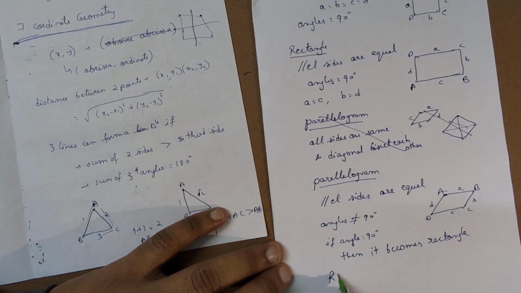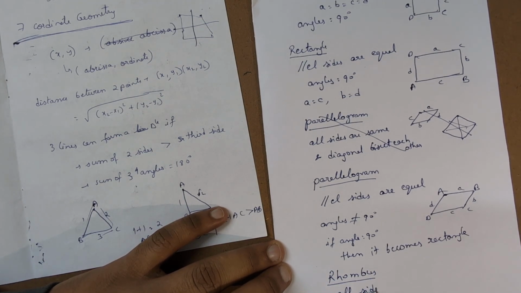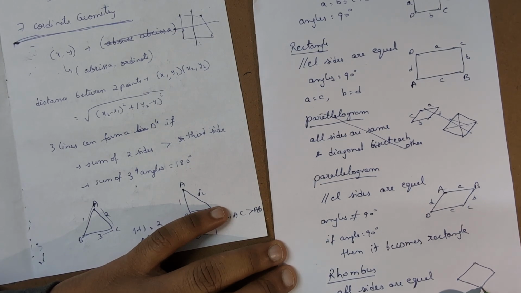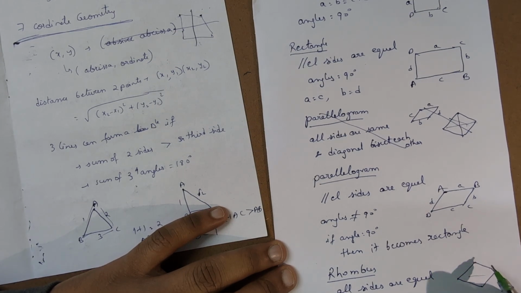Similarly, we have the other one which is called a rhombus. For a rhombus, all sides are equal, similar to a square, but the angle is not 90 degrees. If it is 90 degrees, then this will become a square.